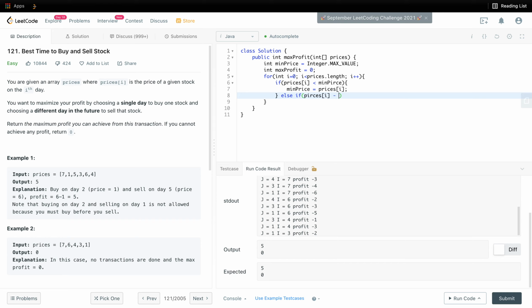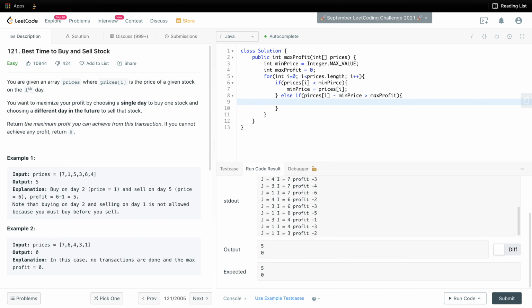In that case, what I want to do is subtract minimum price from current price, and this subtraction will give me my current profit, and that profit should be greater than max profit.